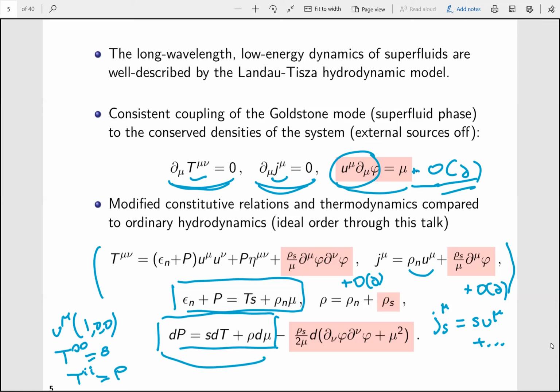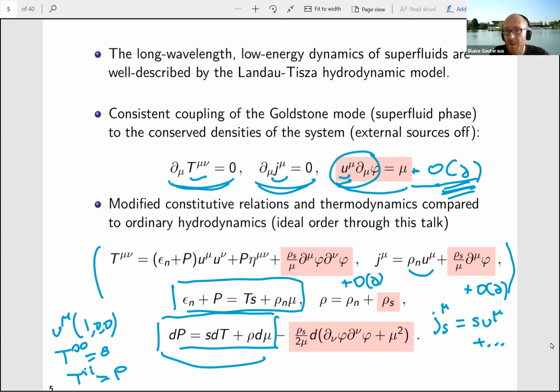Okay, I see. So whatever definition you pick for u^μ when you start including dissipation would only change subleading terms and gradients that appear here at subleading order. I see. Thanks. Yeah.